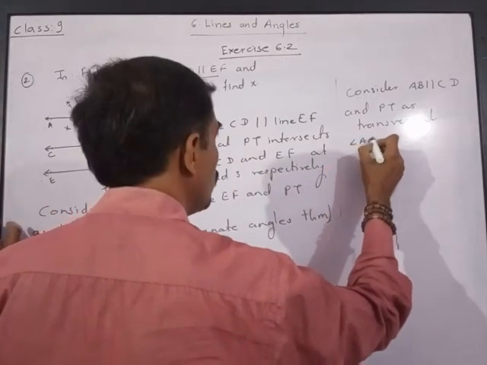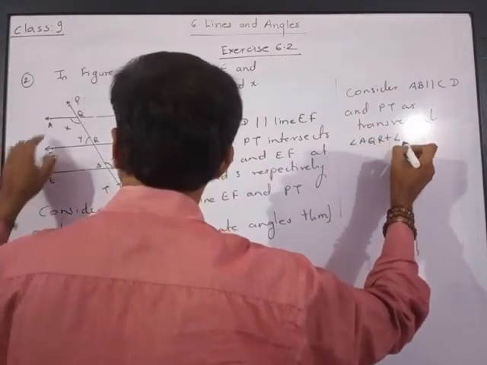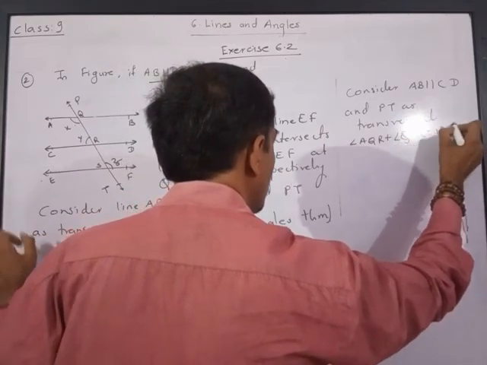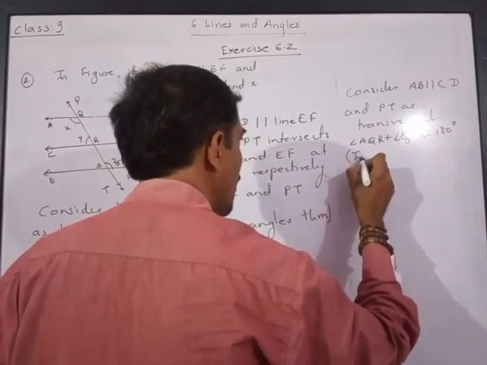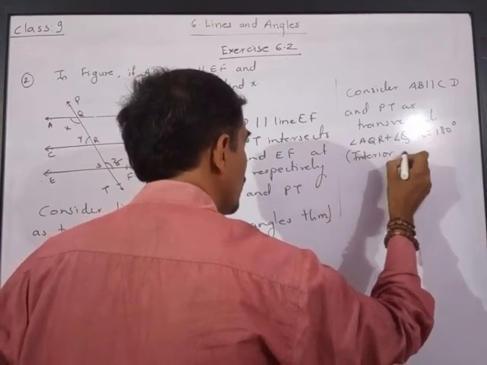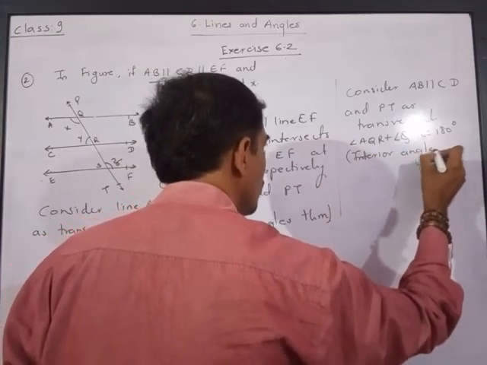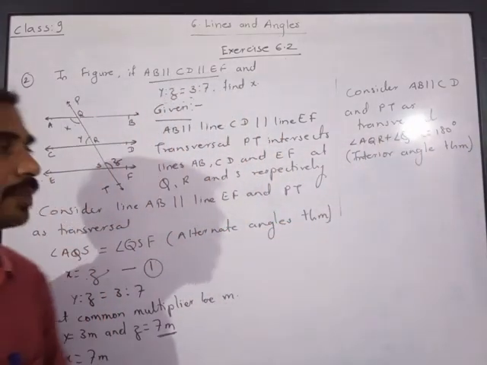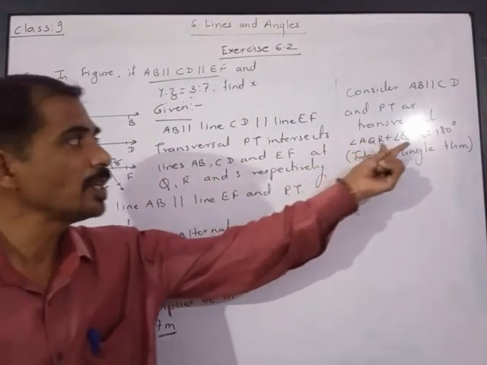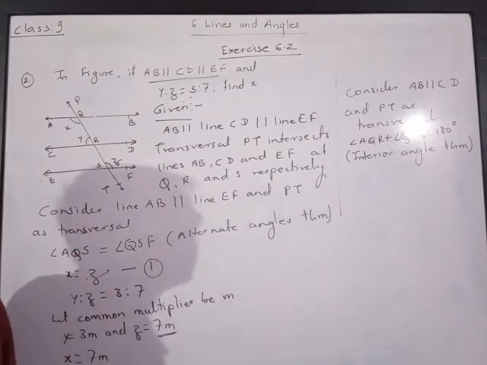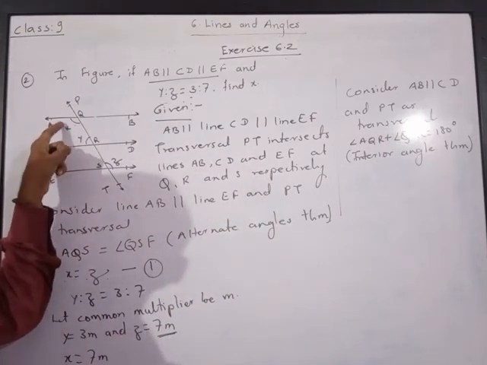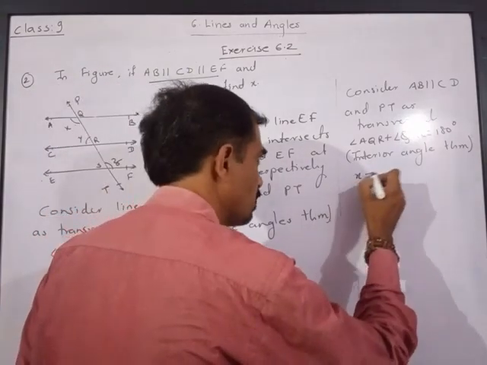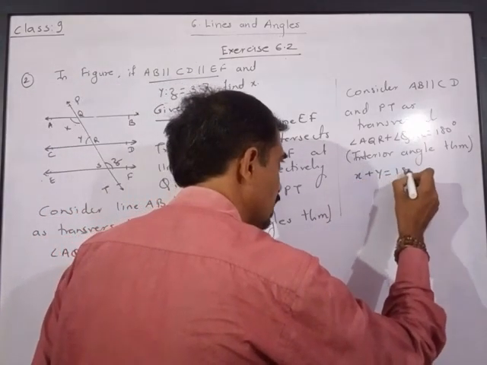Reason: interior angles formed by parallel lines and a transversal are supplementary. Now look at the figure. It means x plus y is equal to 180 degrees.